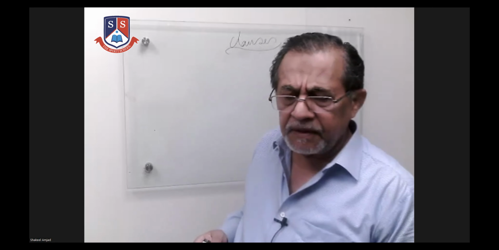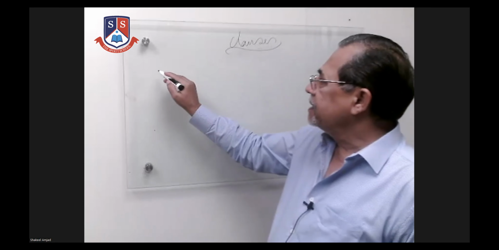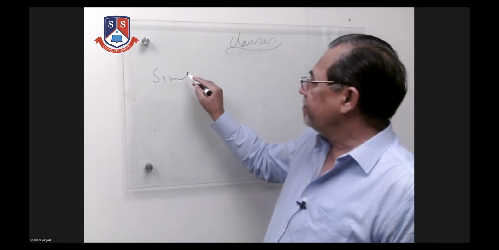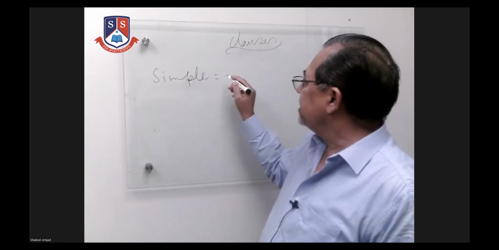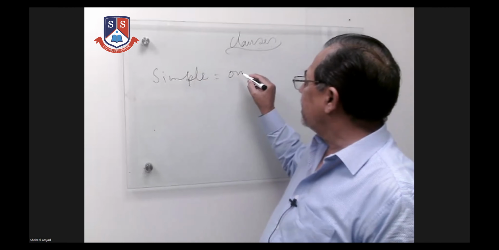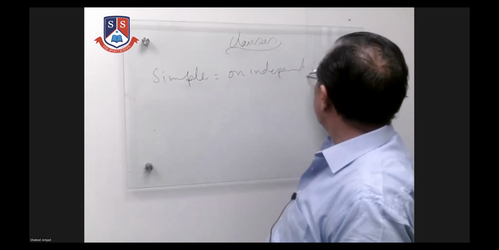In terms of structure, there are 4 types of sentences. One is a simple sentence. It's equal to one independent clause.